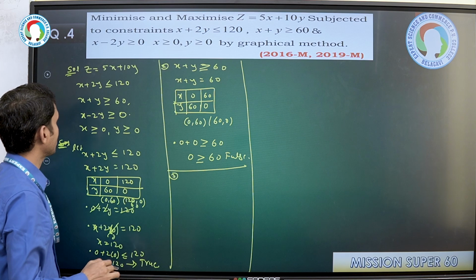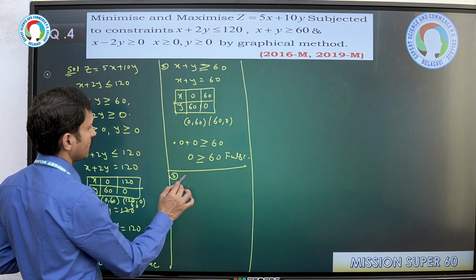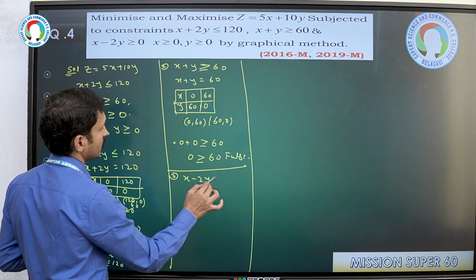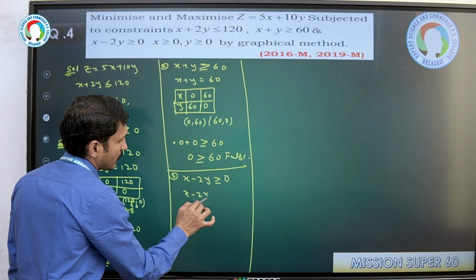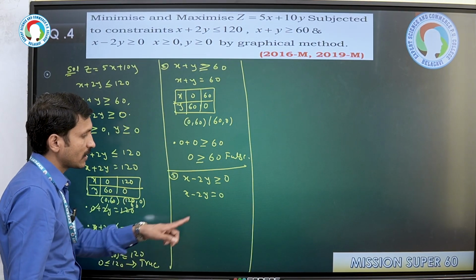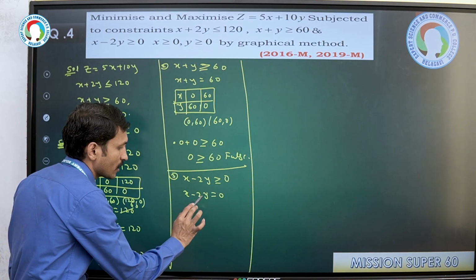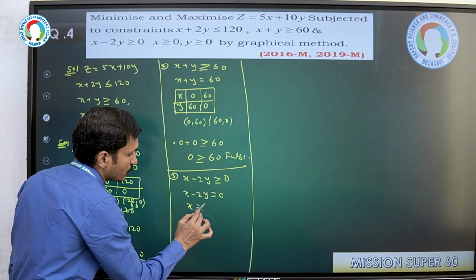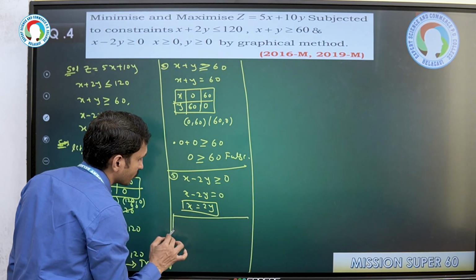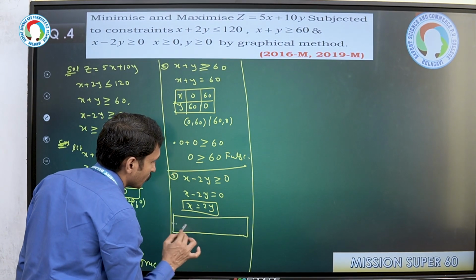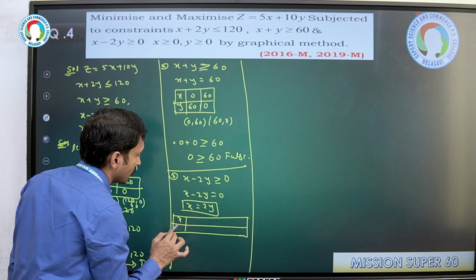Next, the third equation. It is very important: x minus 2y is greater than or equal to 0. Be careful. Take x minus 2y equal to 0. Whenever you get equal to 0, you should be careful. I will take this side: x is equal to 2y. We can solve this equation. Write x, y.